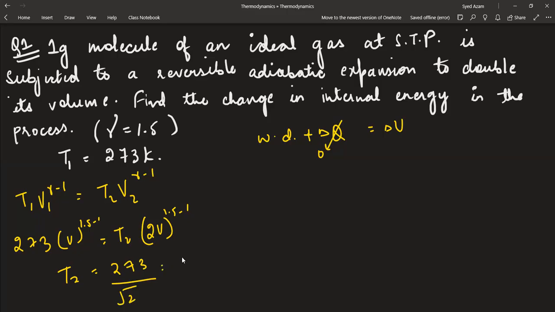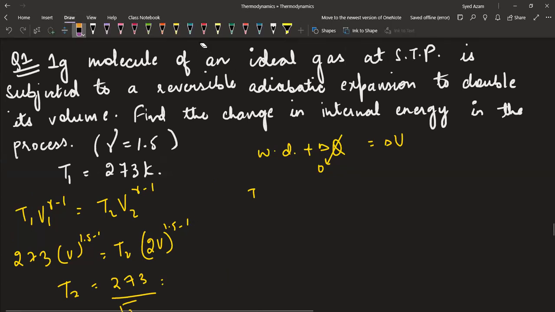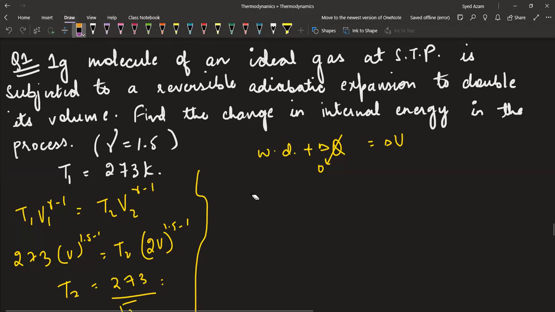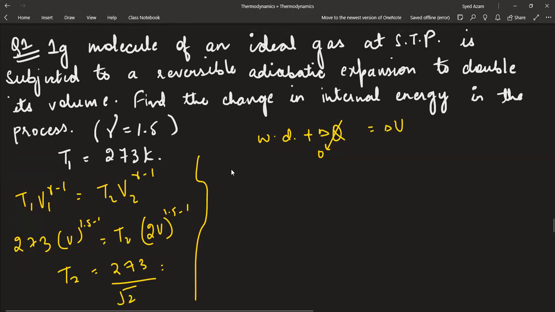If we put the value of root 2, 1.414 something, T2 will be 273 divided by 1.414, so the answer is almost 193 Kelvin. Somebody check and confirm the exact value.